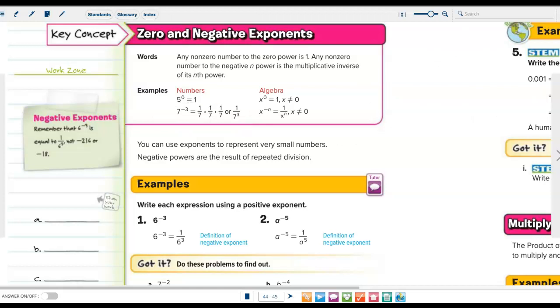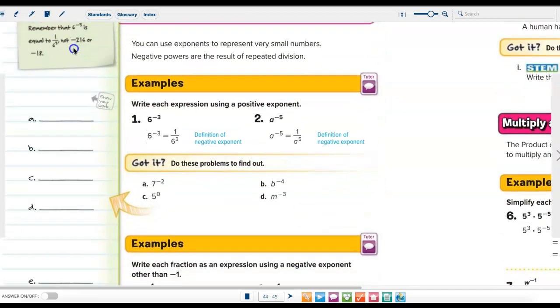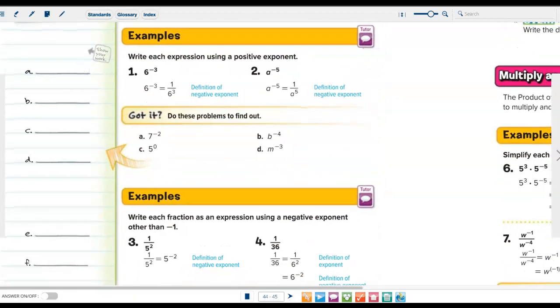Down in example 1, instead of writing out 1/6 times 1/6 times 1/6, we can just move our 6 to the bottom, and it changes the exponent from negative to positive. And you can leave it like this, because it says, write an expression using a positive exponent. So now, if you actually solved that out, you would be wrong, because of the directions, it says using a positive exponent.